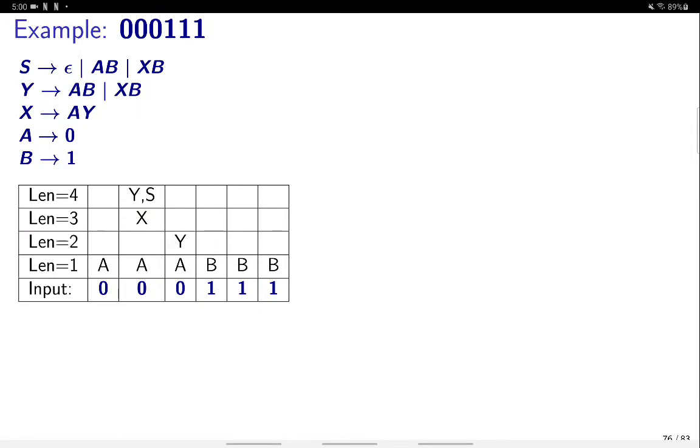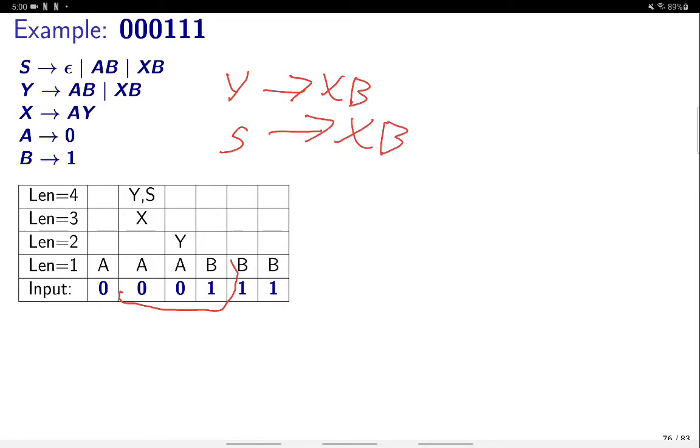At the next level, X corresponds now to the string 001. But we can now use the rule Y goes to XB, or S goes to XB. So in both cases we get this part that goes to X, and then this part that goes to B. So we can generate YB here, starting at this symbol, generating the string 0011.